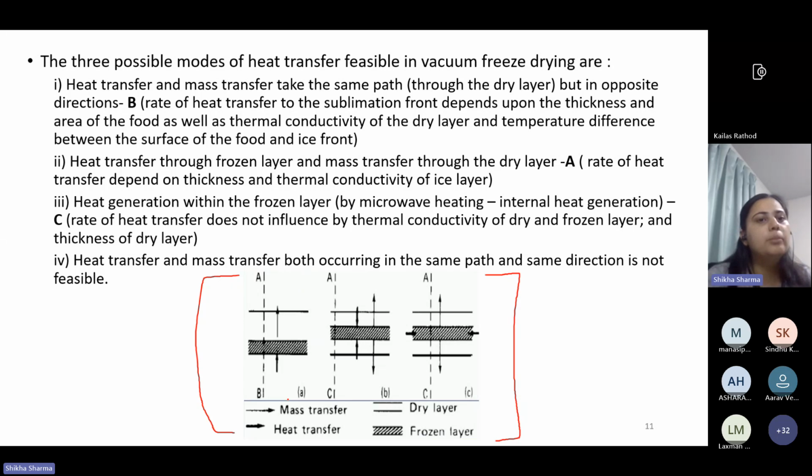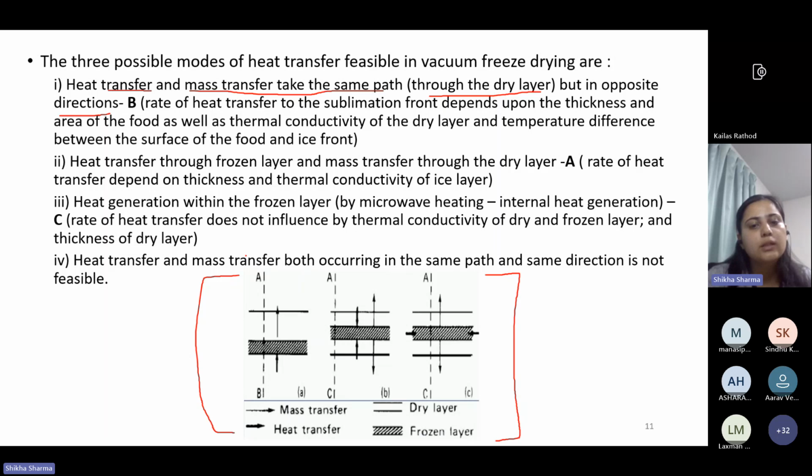There are actually three possible modes of heat transfer in vacuum freeze drying. The first statement is saying that heat transfer and mass transfer take place through the same path, the dry layer, but in opposite directions.